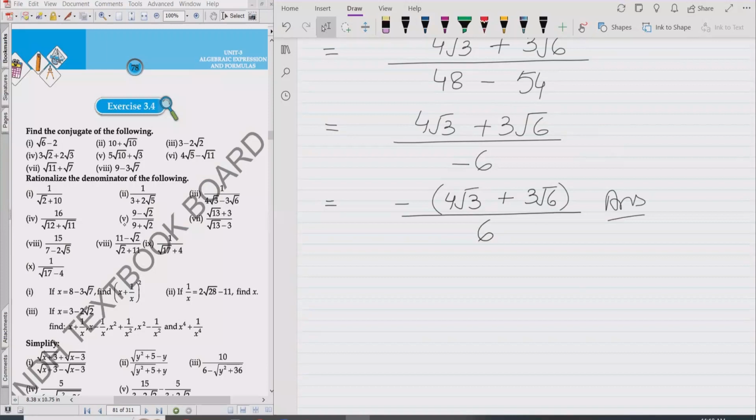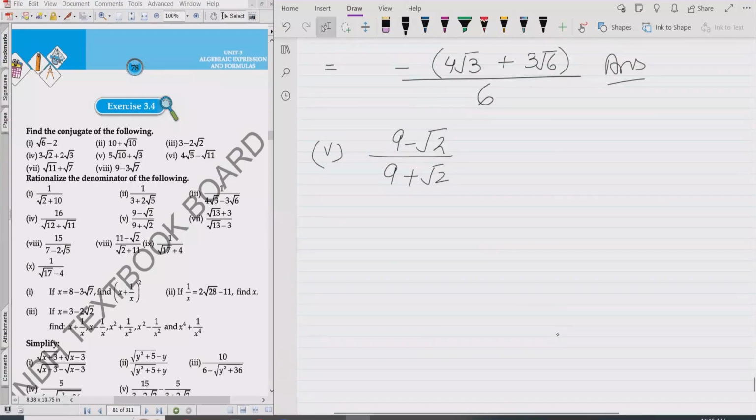Now we will solve question 5, which is different from the other questions: 9 plus root 2. We can simplify these terms very easily. First, we take the conjugate of this: 9 minus root 2, over 9 plus root 2 times 9 minus root 2.